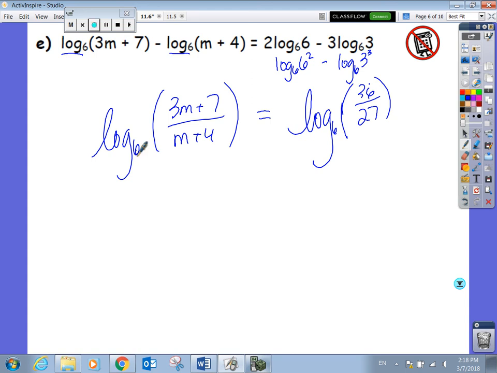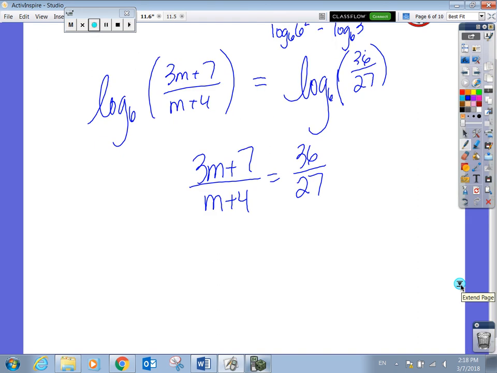Now that we have two logs that are equal, we can set the arguments equal. So 3m plus 7 over m plus 4 equals 36 over 27. So a simple middle school math problem now, a proportion where you cross multiply. I would always try to simplify this if I can. Now, only if you can.